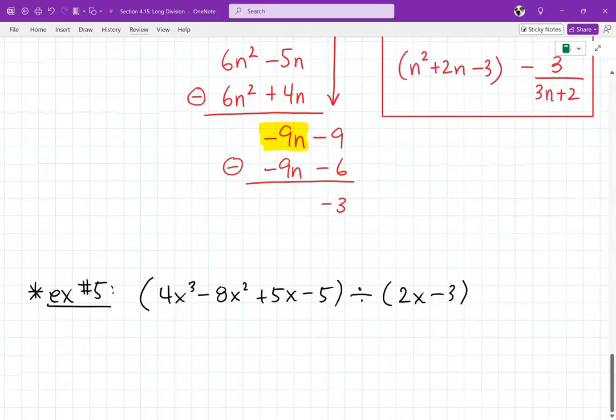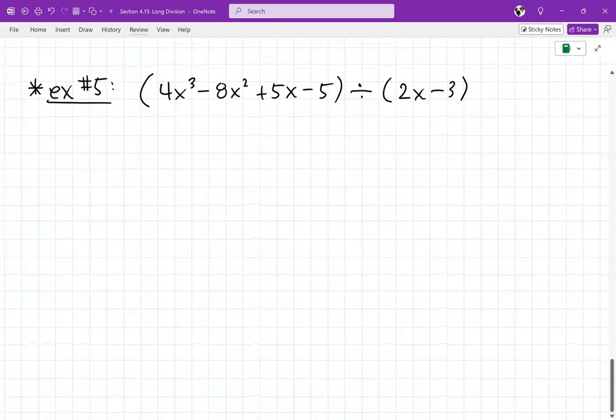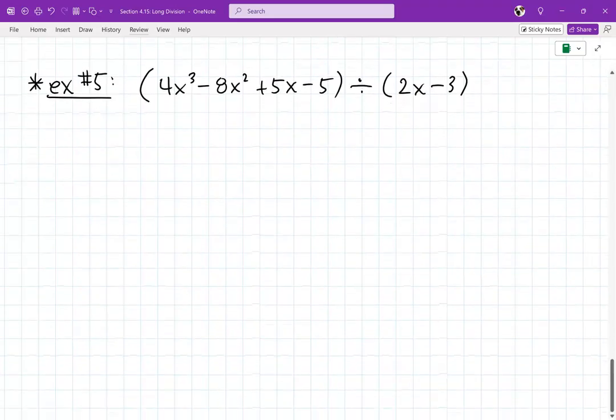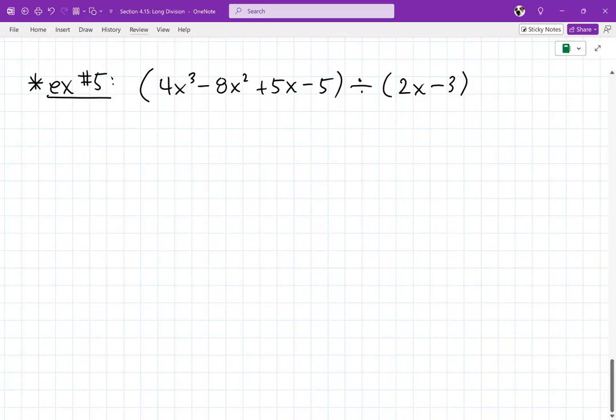All right. So, last one. 4x cubed minus 8x squared plus 5x minus 5 divided by 2x minus 3. So we're going to do long division.